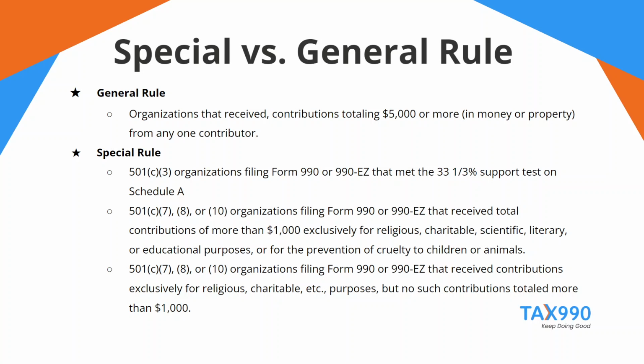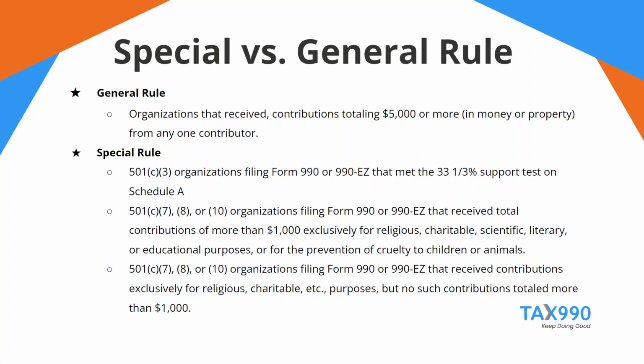So the second most common option that we do see is for indicating Schedule A. So if you are a 501(c)(3) organization filing a 990 or 990-EZ, and on Schedule A, you met the 33 1/3% support test, then you would probably qualify for the first special rule. This is the second most common option next to the general rule.